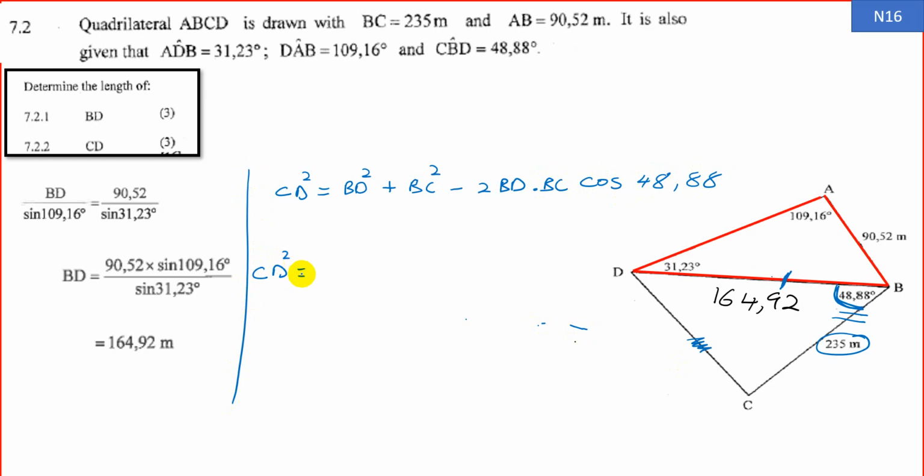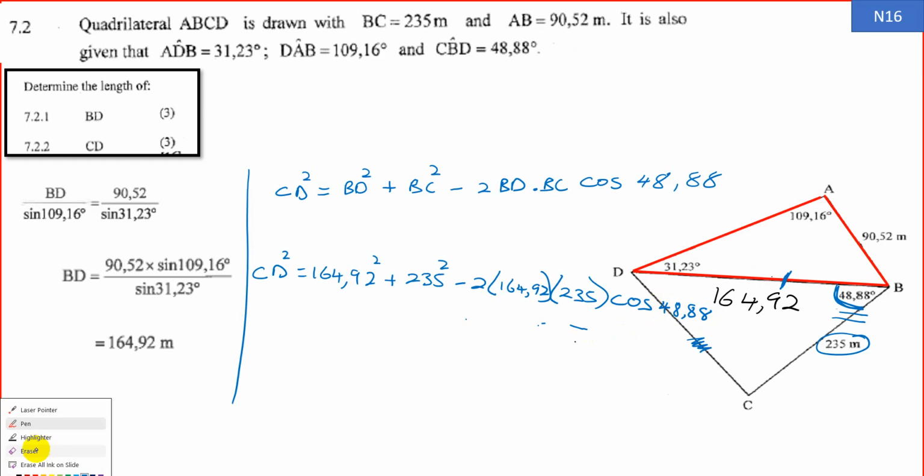We're going to get CD squared is equal to BD squared will be 164.92 squared plus BC squared is 235 squared minus 2 BD, which is 164.92, then BC, which is 235, and then cos 48.88. And that we can actually type on a calculator.